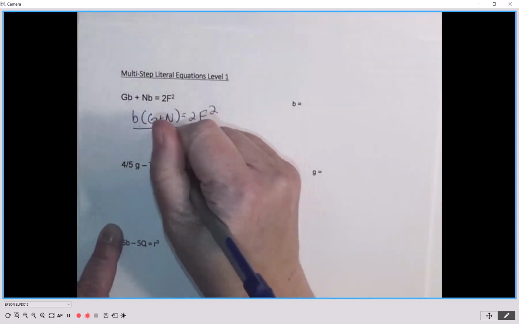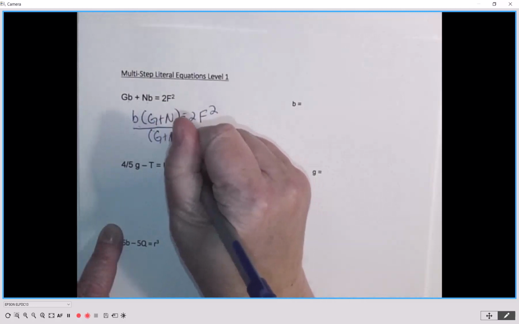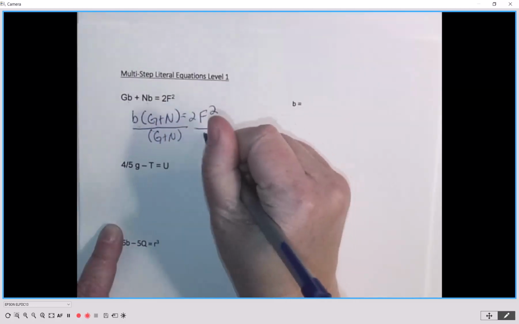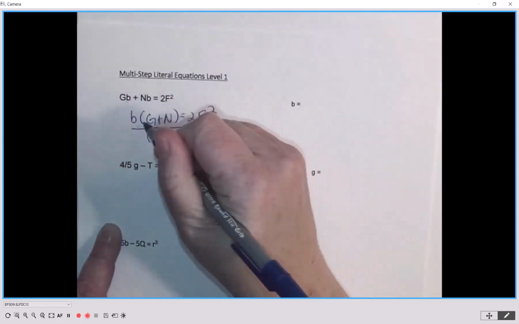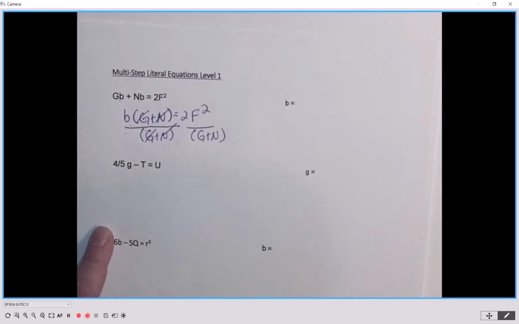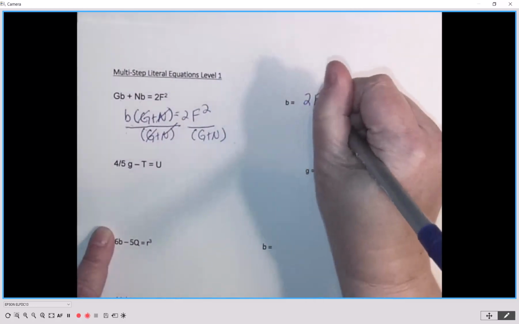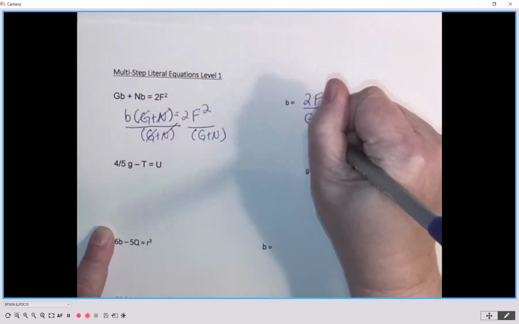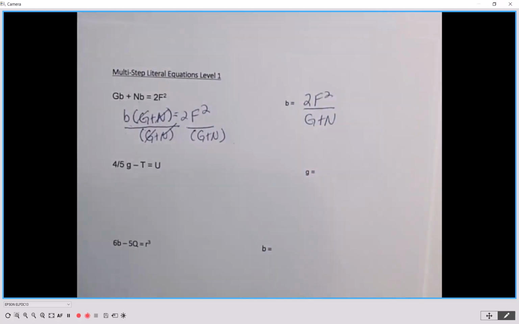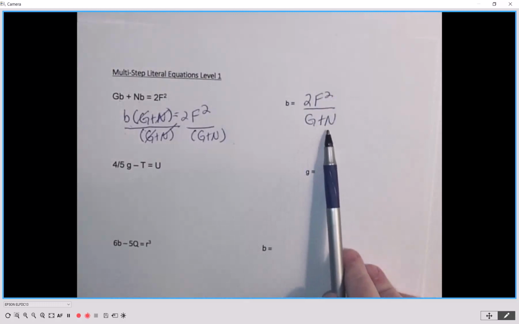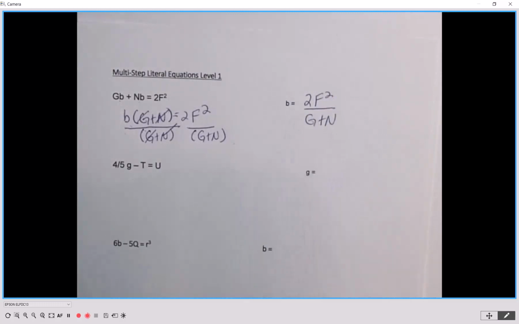And so to do that, I would divide this side by g plus n. And I have to do the same thing on this side, g plus n. So when I do that, that all cancels out. And it leaves me with 2f squared over g plus n. Now, whether I put the parentheses back on it or not, that's okay. They probably won't do that in Delta Math. They'll just leave it as g plus n.